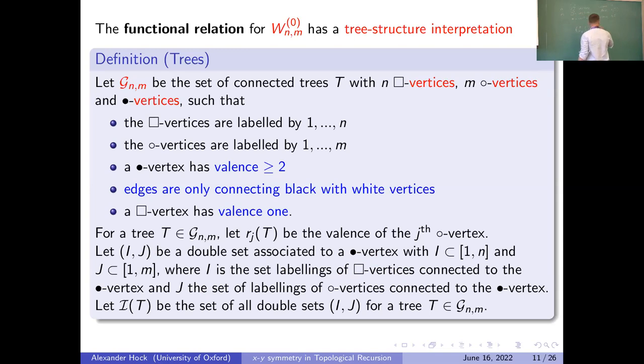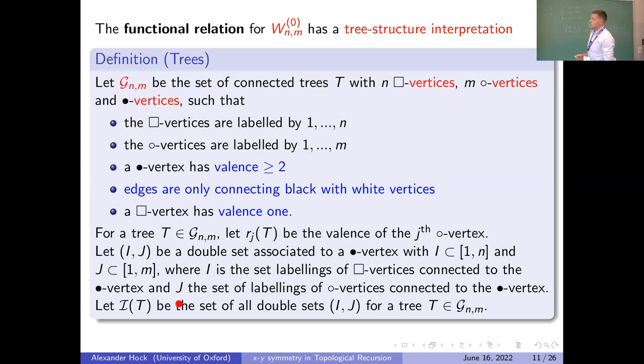So this is the black vertex, which is connected to some round vertices, which are further connected, and to some square vertices. They are labeled here by, let's say, I1 up to IN, and this is J1 up to JM, and then the set I is given by I1 up to IN and J by J1 up to JM.